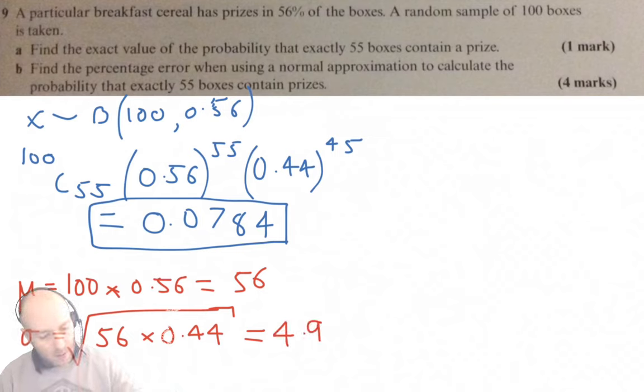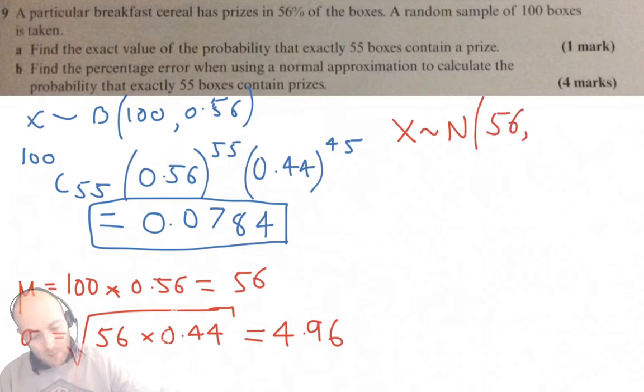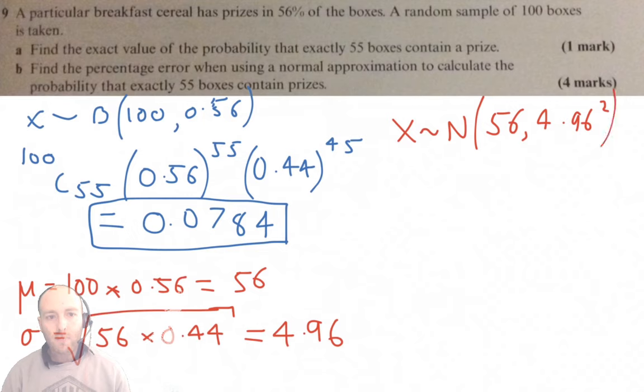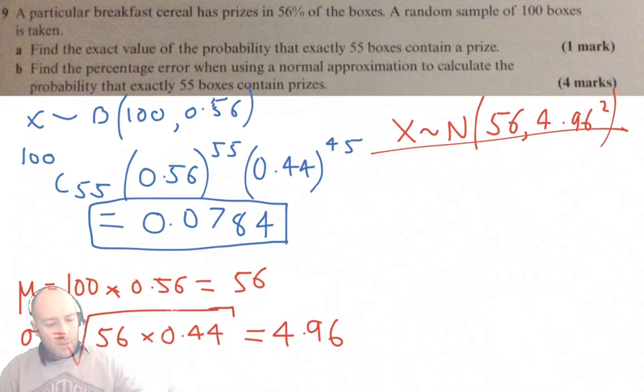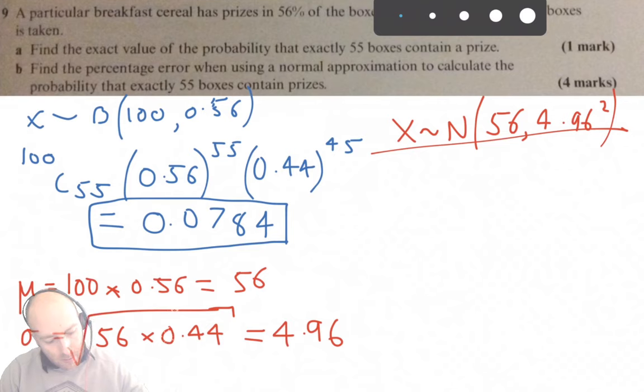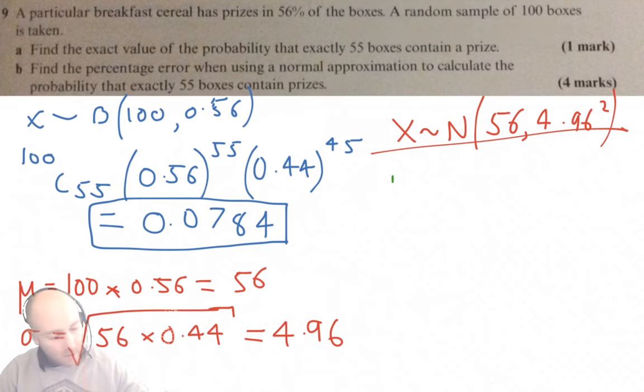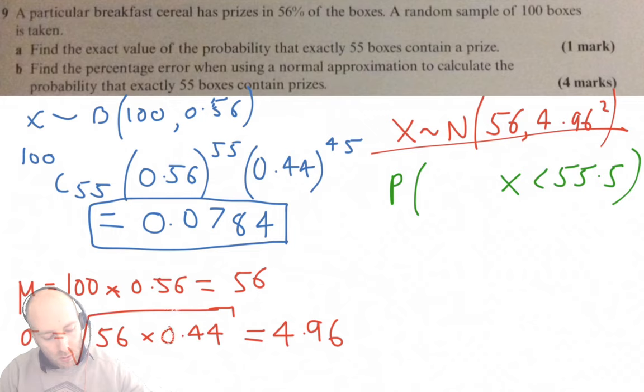So we can say X is a normal with 56 and 4.96 squared. Everyone right so far? So we've got our normal distribution. So we need to do a continuity correction. So we're going to say it's the probability X is less than 55.5, more than 54.5.